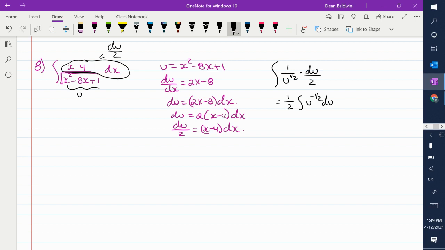No, I just flipped this u to the 1/2 up to make it negative. And I took this 1/2 out from that. All right. Now, add 1 to the exponent and divide by that number. A negative a half plus 1 is 1/2. Divide by a half.